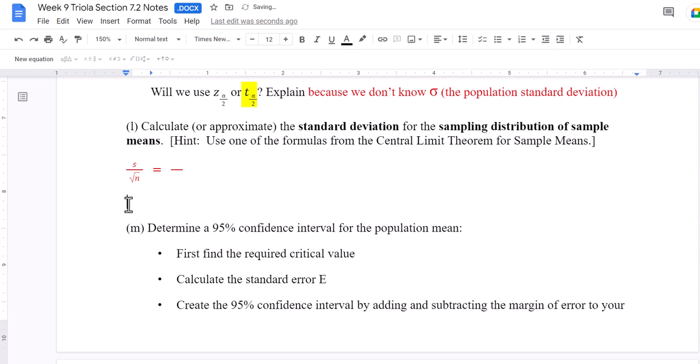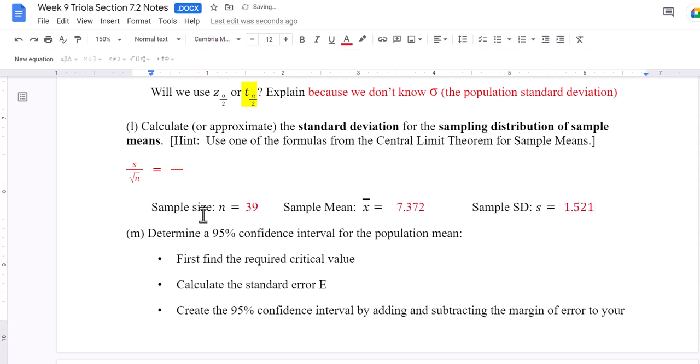From the work that we did in StatCrunch, we know that the sample size was 39, the mean 7.372, and the sample standard deviation was 1.521. So this becomes 1.521 over the square root of n, and n is 39. Let's put that on our calculator and see what we get.